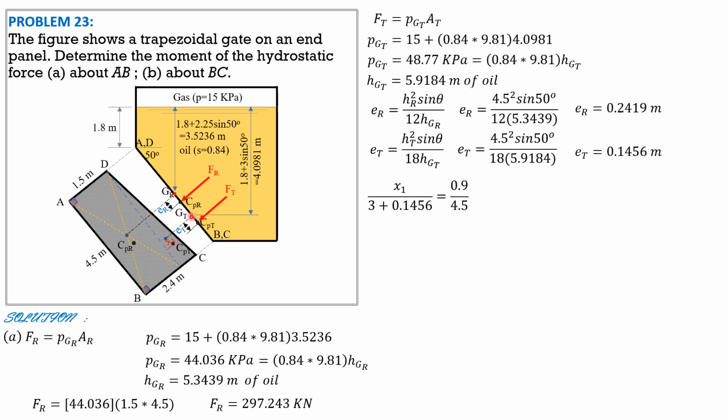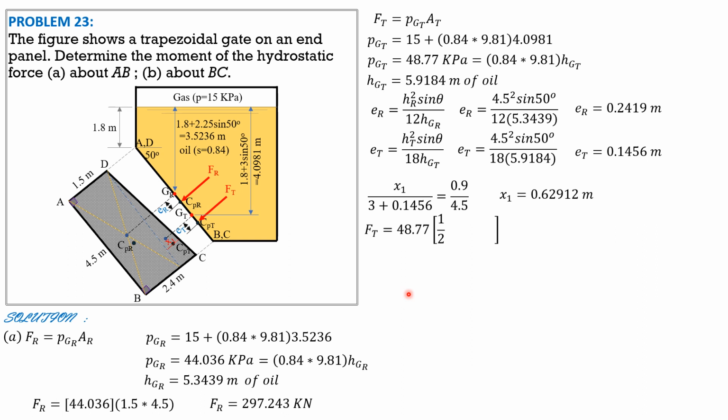Then we add e of triangle, which is 0.1456, and it is equal to 0.9, which is this, is to 4.5. So solving for x1, x1 is equal to 0.62912 meter, which is important in computing for the moment about AB.